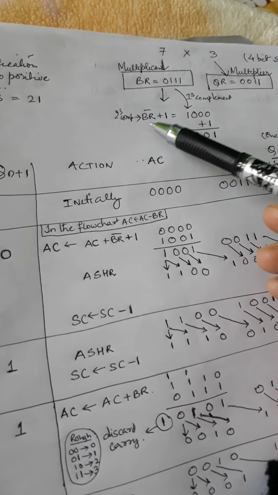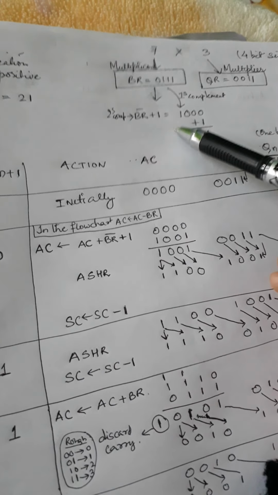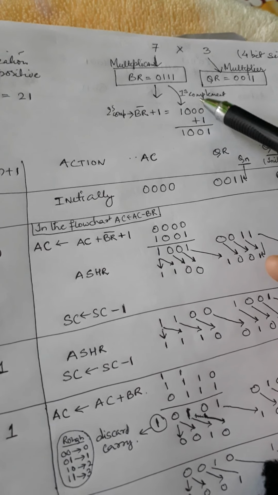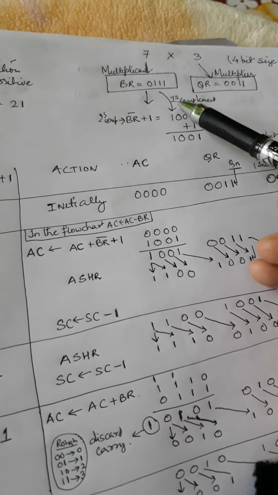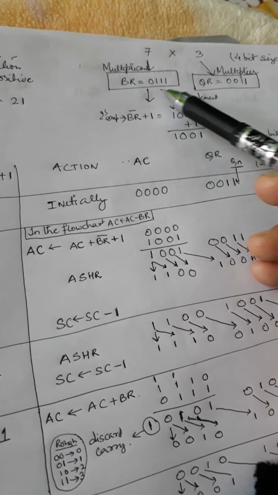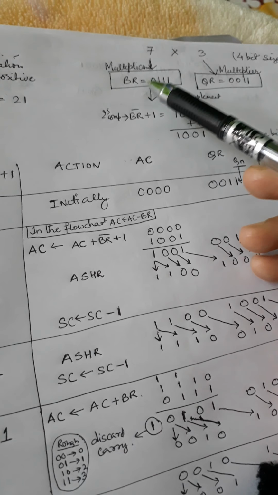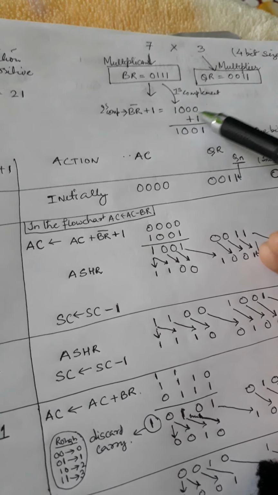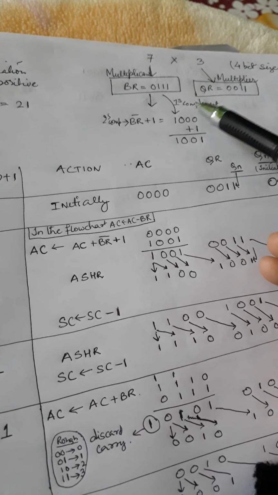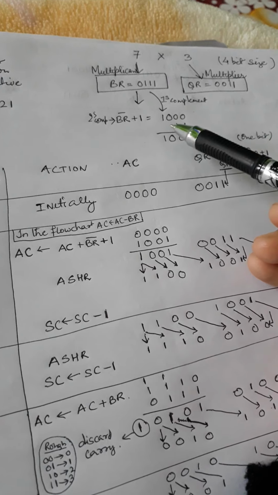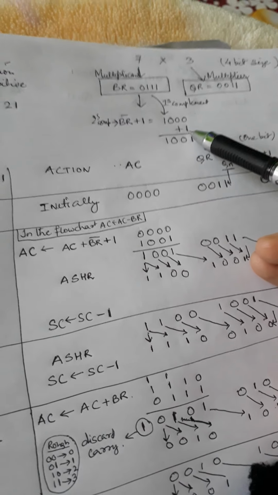To find the 2's complement, first we have to find the 1's complement, which is the inverse of each bit. So 0 becomes 1, and the remaining 3 bits, because they are 1, now become 0. You can check in your previous notes how to find the 1's complement. After finding the 1's complement, we just have to add plus 1.